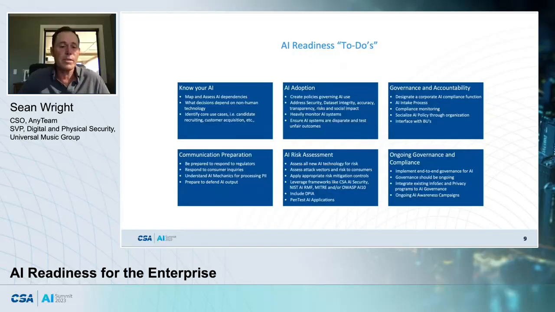Apply appropriate risk mitigation controls. Again, this is very use case dependent. It really depends on what AI you're using. If it's in the form of a co-pilot, that holds with it certain risks.